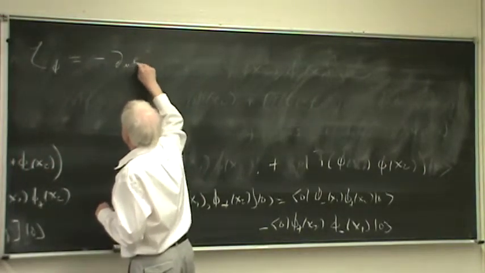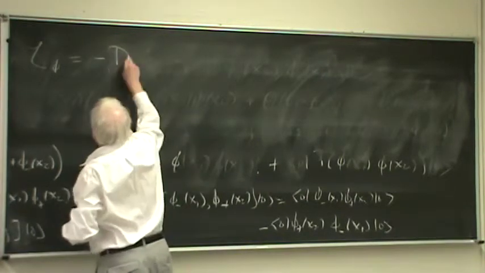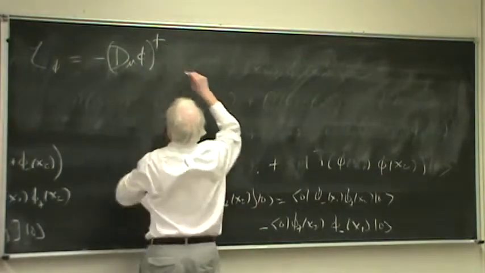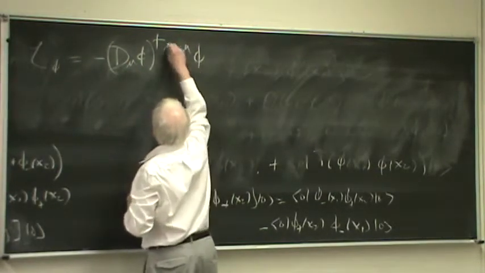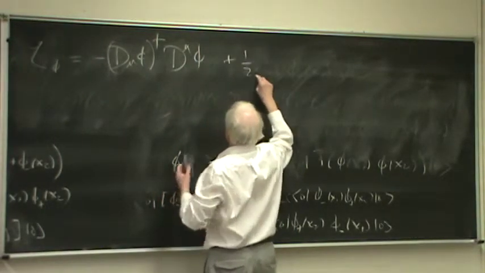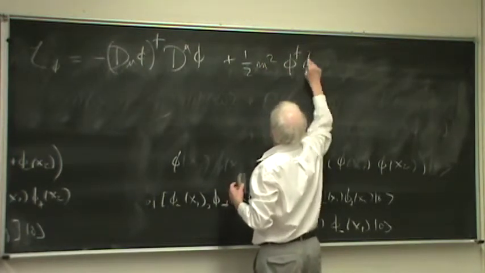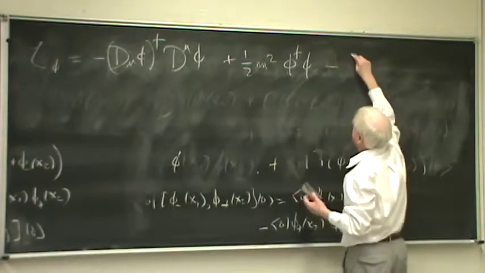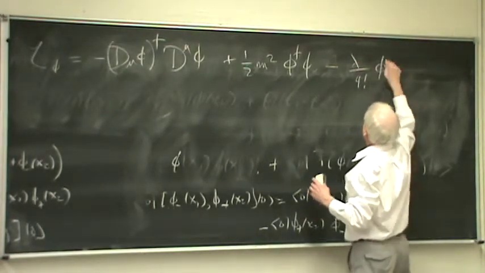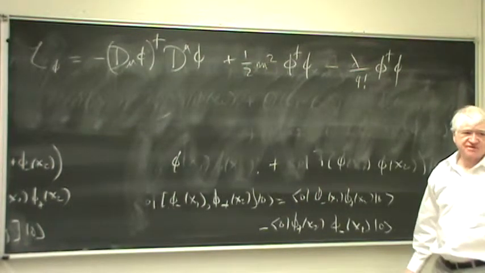So you have big D mu phi dagger, D mu phi, and then you have plus a half m squared phi dagger phi, and then minus lambda over 4 factorial, if we use Schwarz's convention.